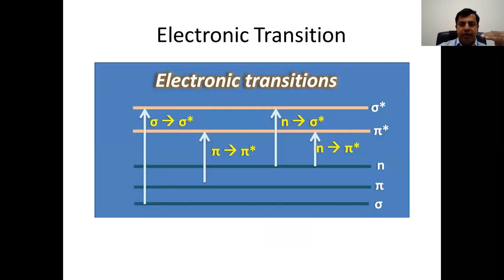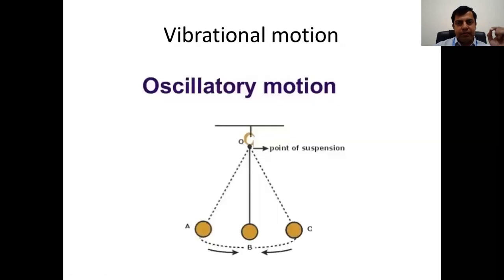And the third one is the electronic transitions. These are very important, and this happens with the transition of electrons from one state to another state. We are not going to discuss it in detail here. Let's suppose the transition from the K to the L shell or from the L to the M shell. These transitions involve the electrons, that's why they are called electronic transitions.